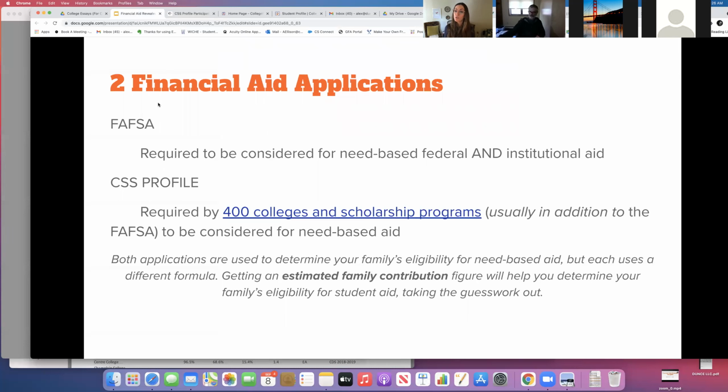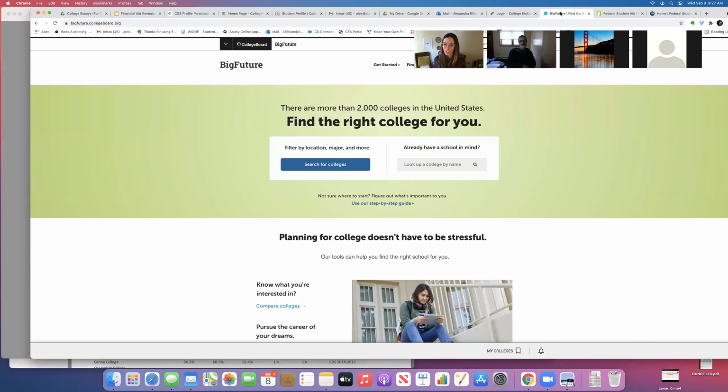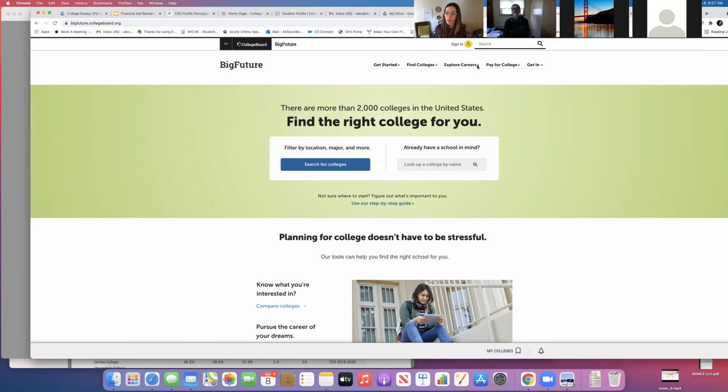If you're curious to see what your EFC is based on both FAFSA and CSS, because you know your child has schools that are going to require the CSS Profile, then I would direct you to, again, College Board, bigfuture.collegeboard. And this is a great site, kind of a one-stop shop, but I especially love this Pay for College section. And you go down to tools and calculators.